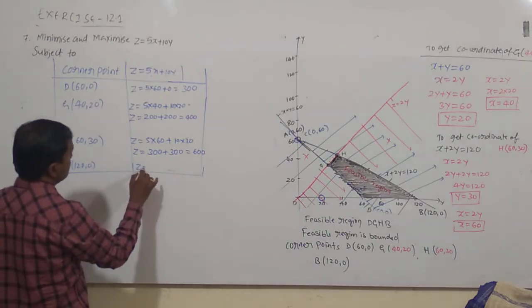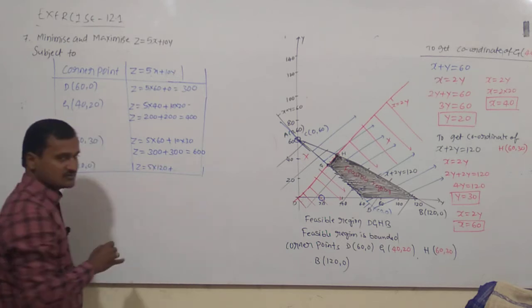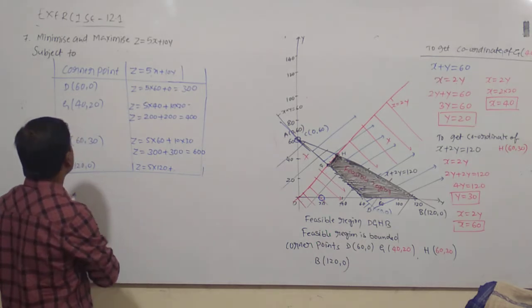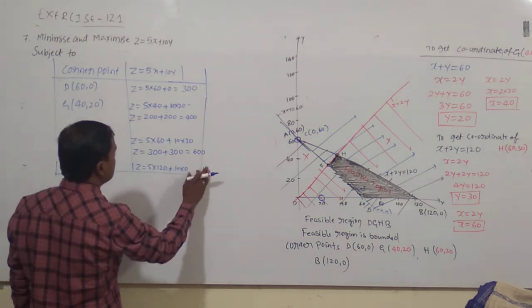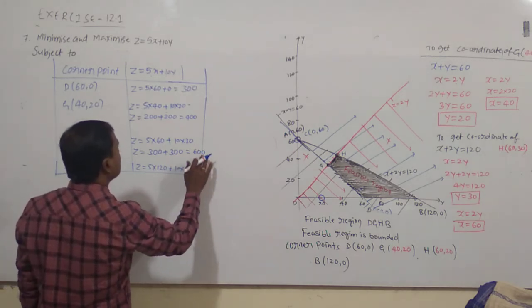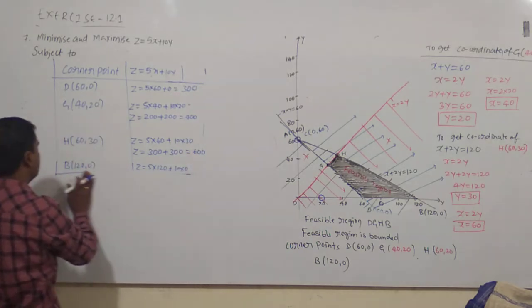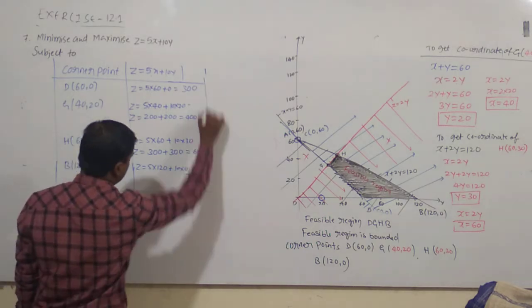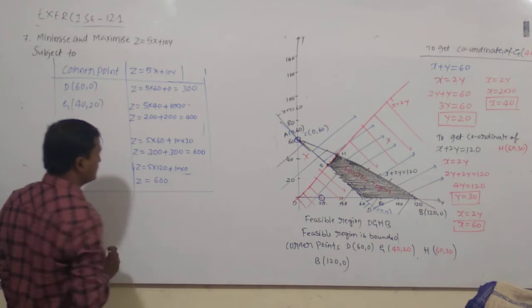So z is equal to 5 into 120 plus 10 into 0. So clearly z is 600.